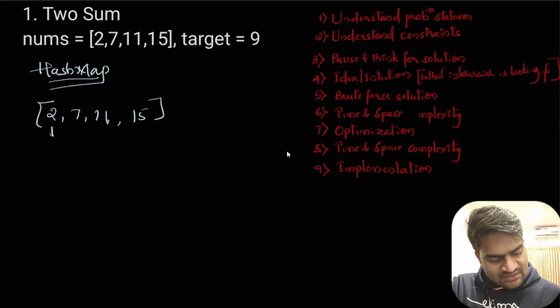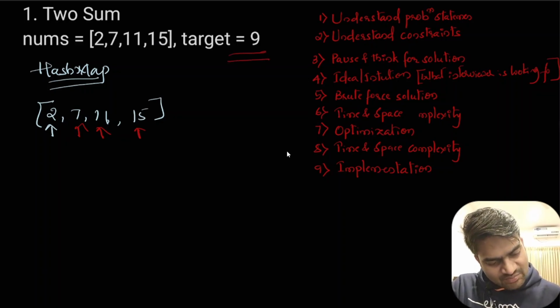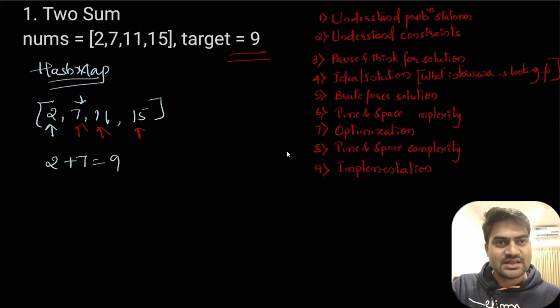I will start from here, iterate over each element, sum up those values, and see if it is equivalent to my target. I start with 2, then iterate from the next position. So 2 plus 7 equals 9, which gives us the target in the first iteration itself.